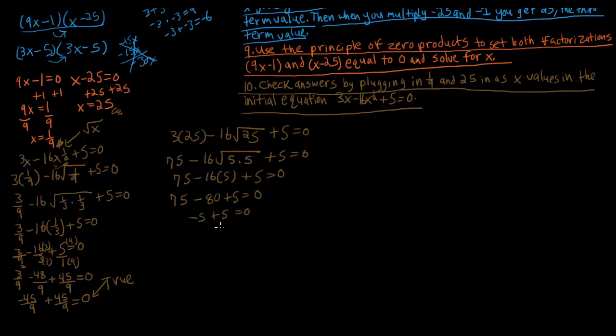Negative 5 plus 5 does equal 0. 0 equals 0. So this is true, and thus 25 is a solution.